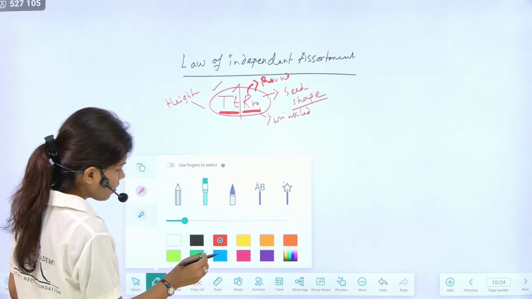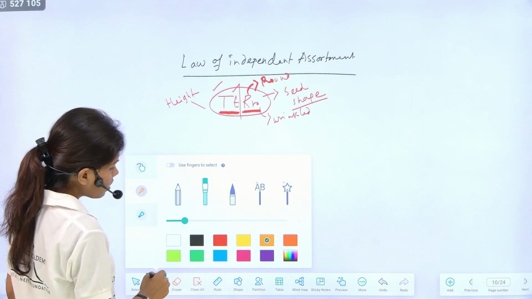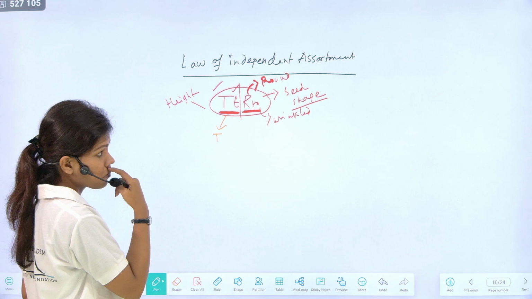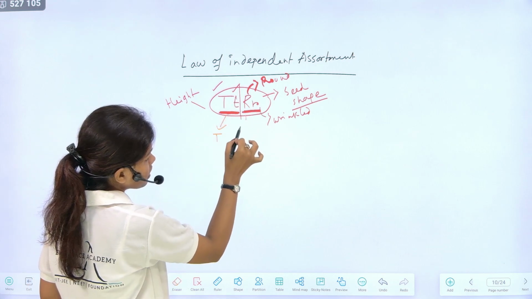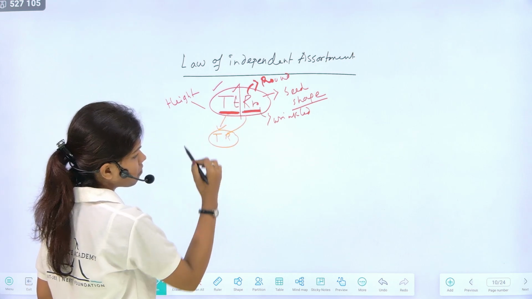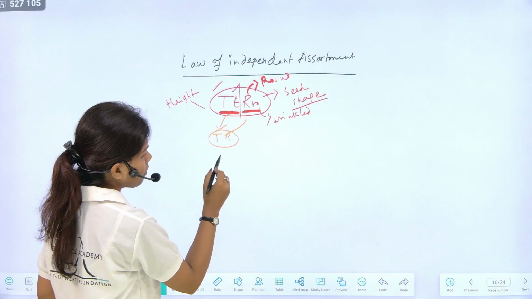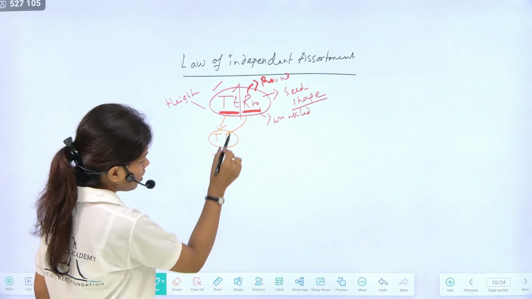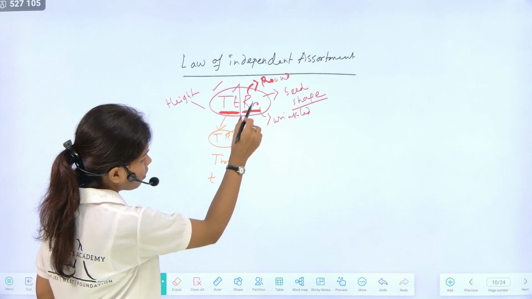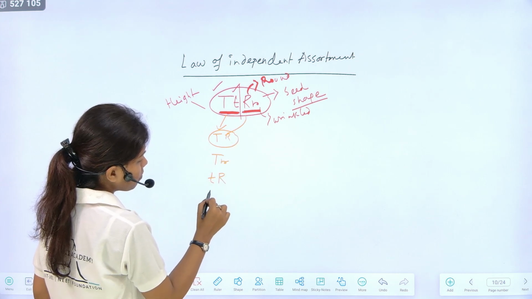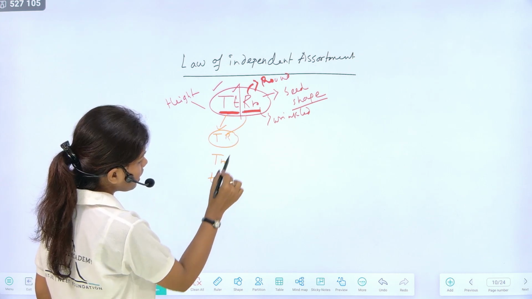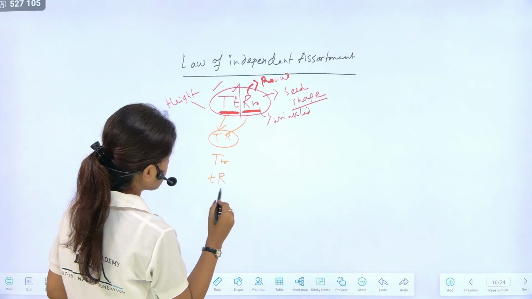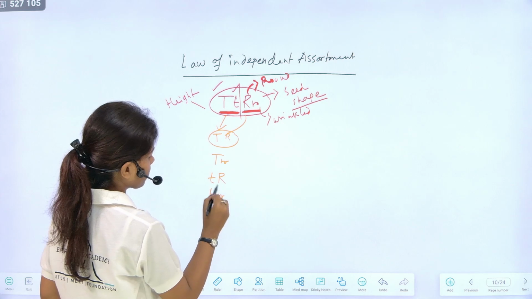From this pair, either capital T comes in the gamete, and from this pair, just think capital R is there. Another combination can be like this: from this pair capital T, from this pair small r; or small t with capital R; or small t with small r.